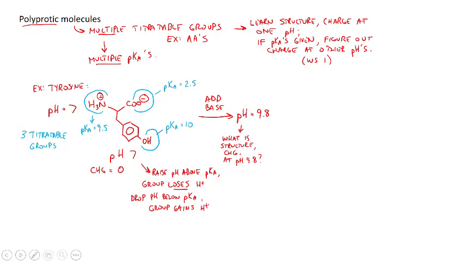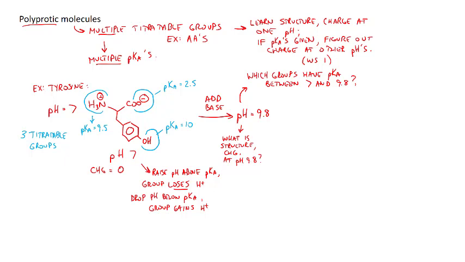This is why when you go down in pH, your molecule becomes more positive or less negative, and vice versa when you raise pH. So if we're going to raise the pH to 9.8, we have to ask ourselves which groups have pKa between 7 and 9.8. Any group on this molecule that has a pKa value between 7 and 9.8 will change when we raise the pH.